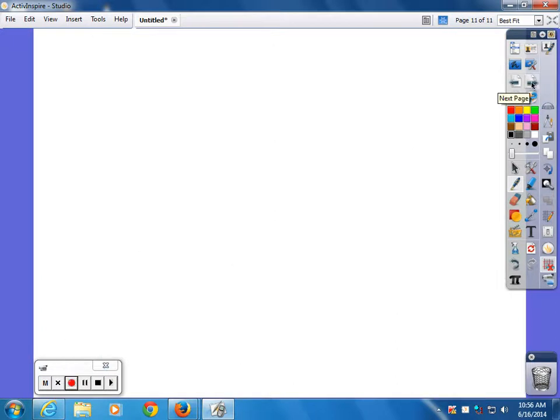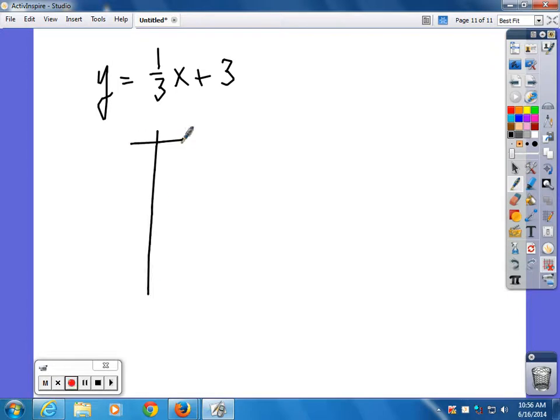Okay. Y is equal to 1/3 x plus 3. There's your example right there. So what would you use? Multiples of 3. What would that be? Negative 6, negative 3, 0, 3, and 6. Okay, now plug and chug. Negative 6 divided by 3 is negative 2. Negative 2 plus 3 is 1.